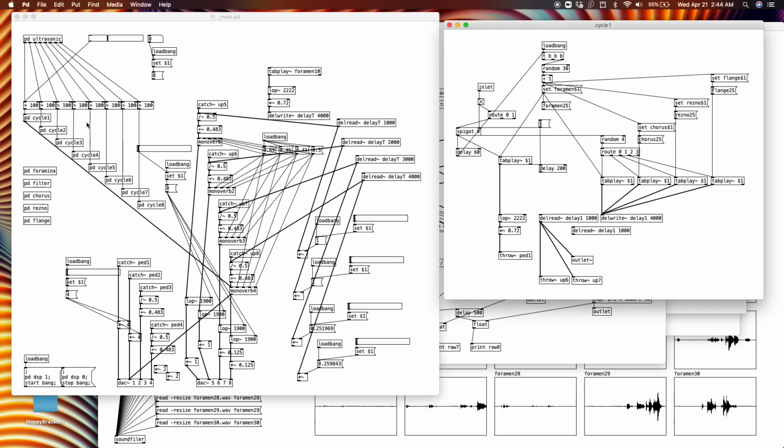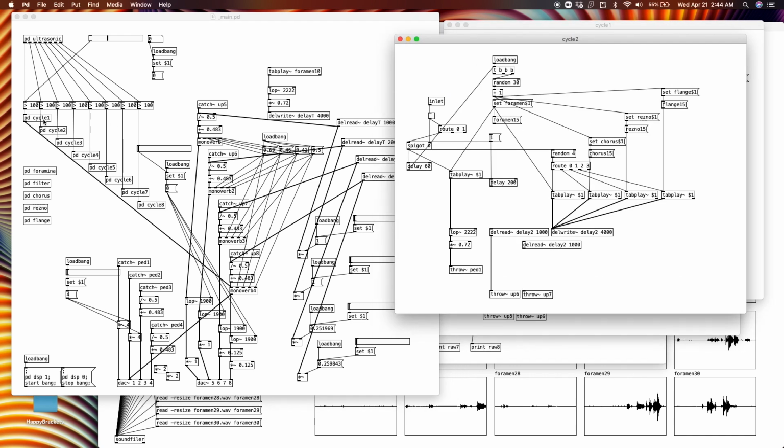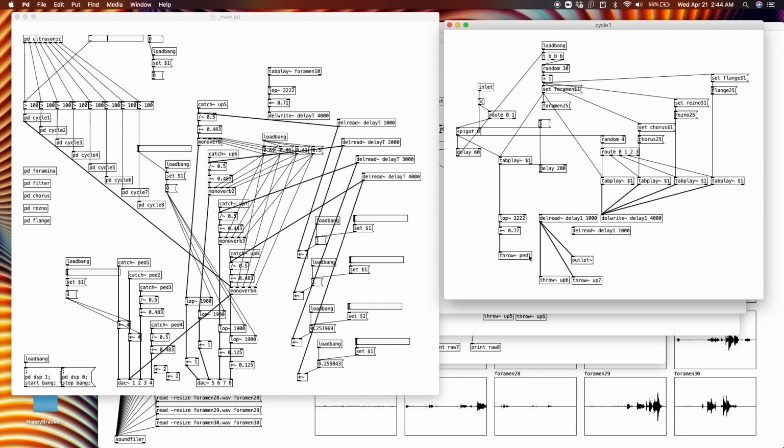And so these patches, like I said, they're all the same except for this right here. It describes the pedestal speaker and the 2 atrium speakers that the sound will be routed through. And we have this randomization action here where it picks the sound and puts it through a different set of effects.